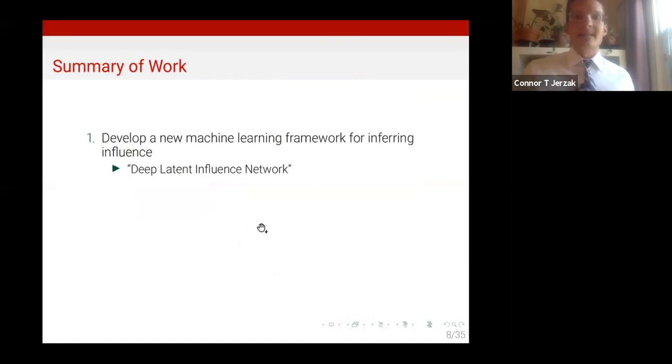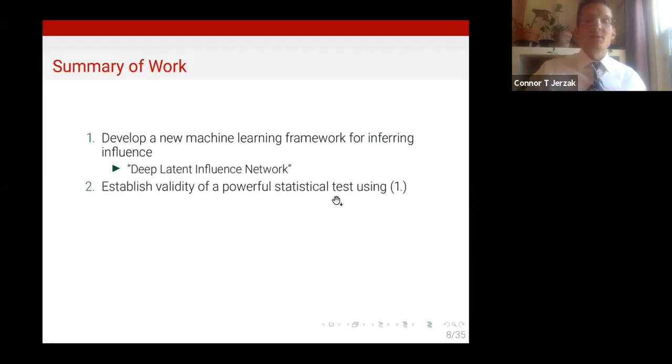I'll call it the deep latent influence network, and we'll be developing a machine learning paradigm for inferring some of these influence dynamics. In addition, we're going to establish the validity of a powerful statistical test, which is going to use that machine learning framework in order to answer questions about whether one person is influenced by others or not.